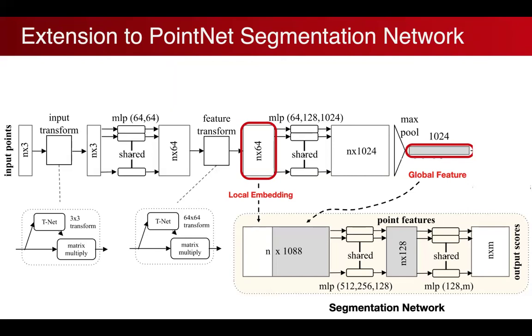And then we have here n times 1088. So we do this for each class that we are going to generate as a global feature. And then as we do this, we incorporate these point features and process to have the scores for the segmentation of the points that is going to be based on the classes that are generated by these global features.